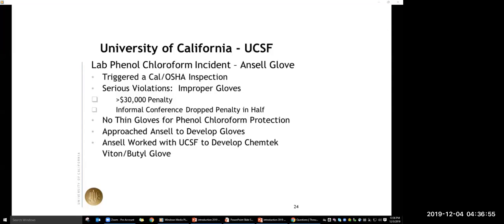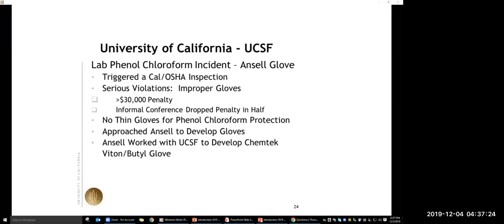In the end, we found that there were no gloves on the market with good dexterity which were conducive to laboratory work. So we approached the local ANSO glove representative, and ANSO agreed to work with UCSF to develop a thinner glove which provides protection against phenylchloroform.